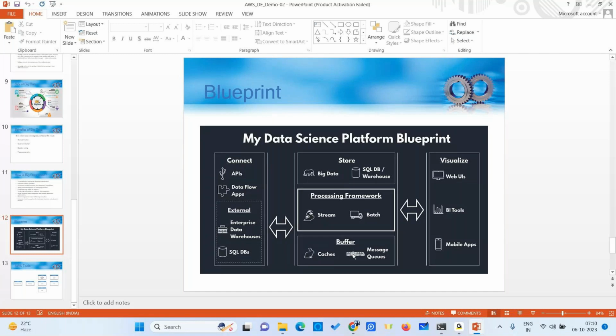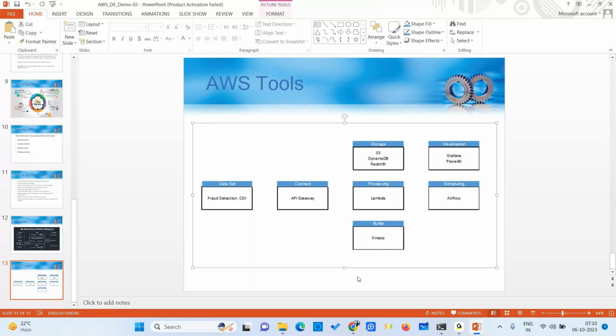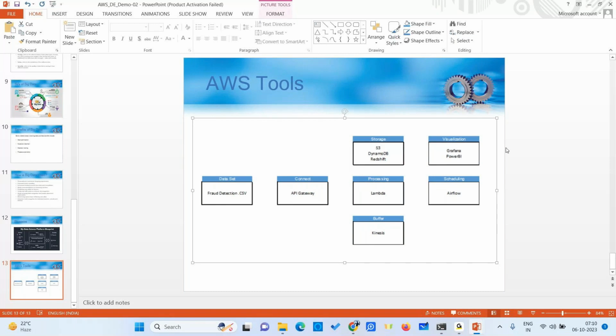In AWS we use Kinesis as a buffering tool. And on other platforms, Apache Kafka is used for that buffering purpose.